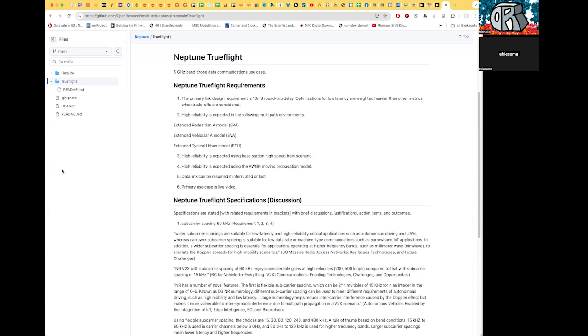Got it. Okay, good. The other little point I wanted to bring up was on requirement 5, being able to resume if interrupted or lost. It's something we can try to address in our spec, but honestly, that sounds to me at least as much a networking issue.